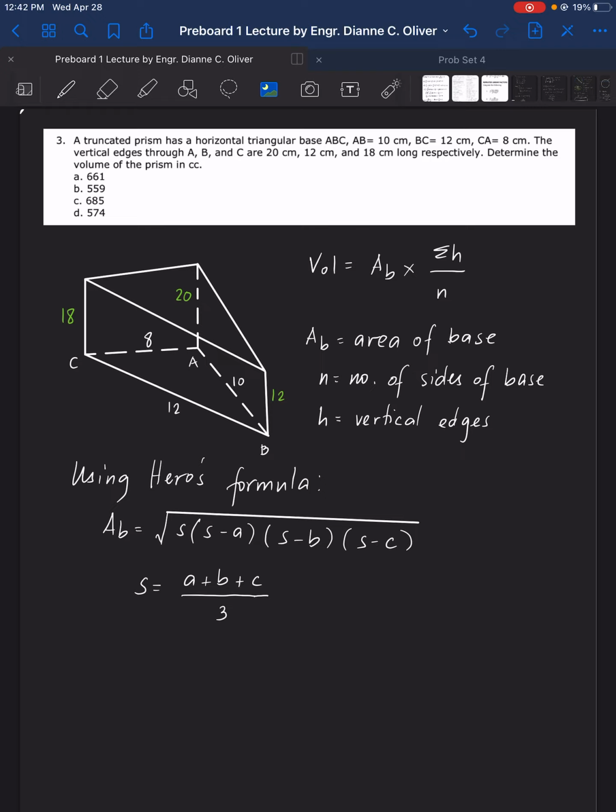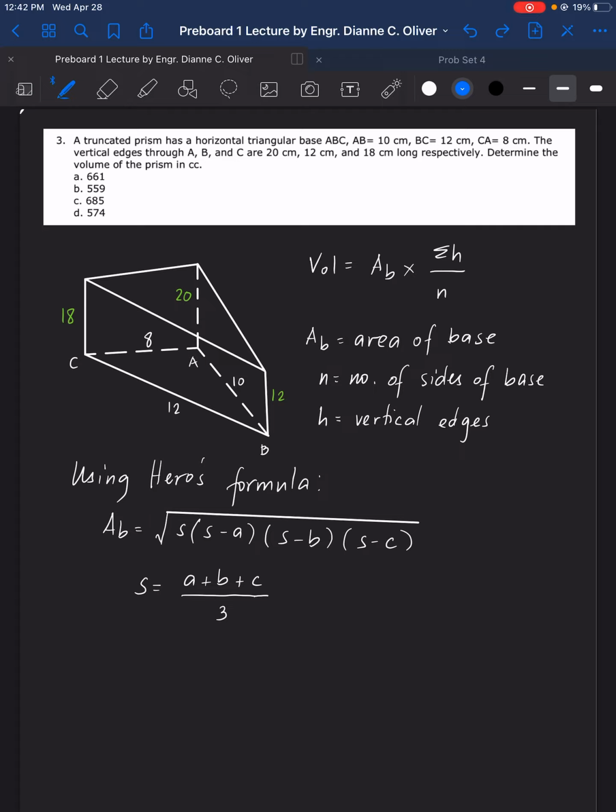Okay, so it's a truncated prism. Let's see the figure. So here is the figure of the truncated prism. The base ABC has the measurements AB, 10 centimeters, BC as 12 centimeters, CA as 8 centimeters.